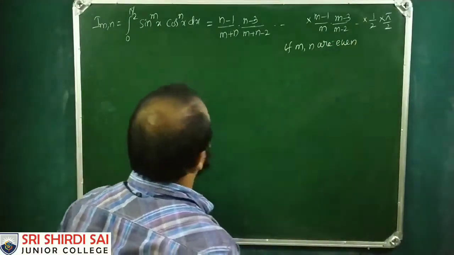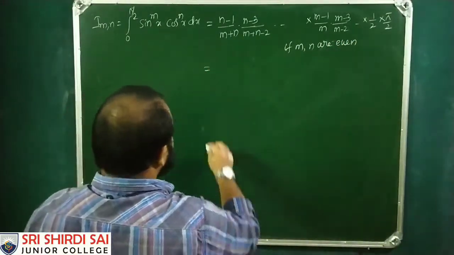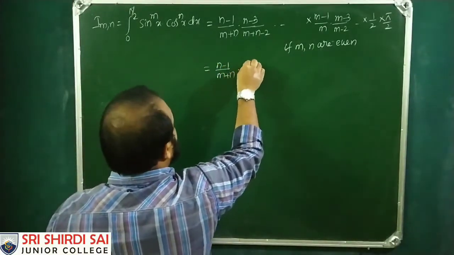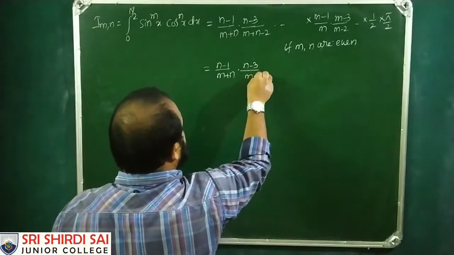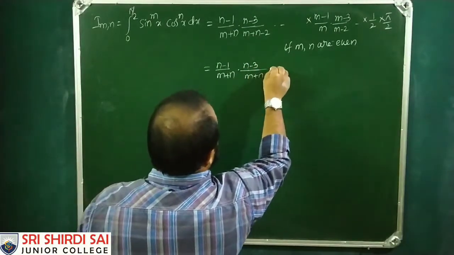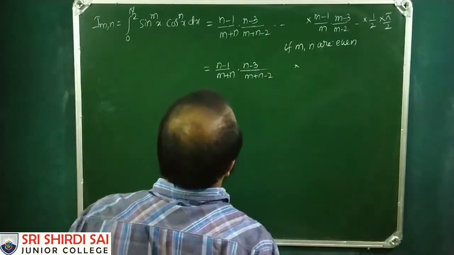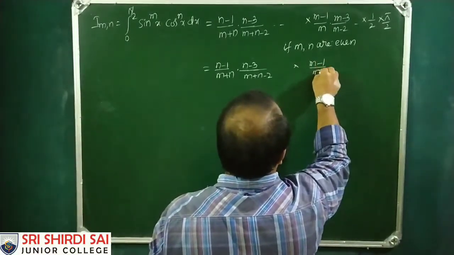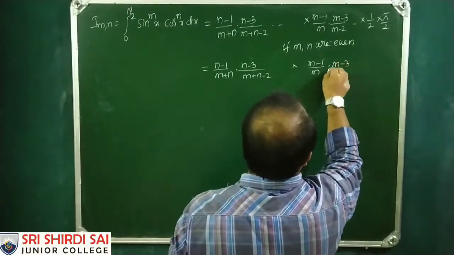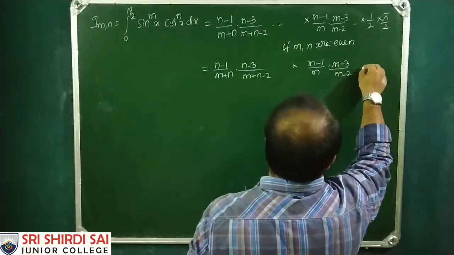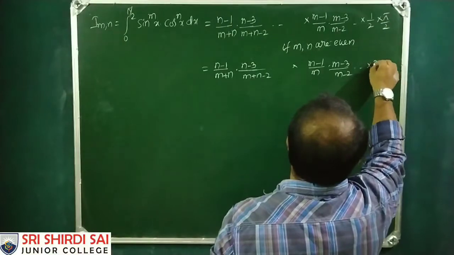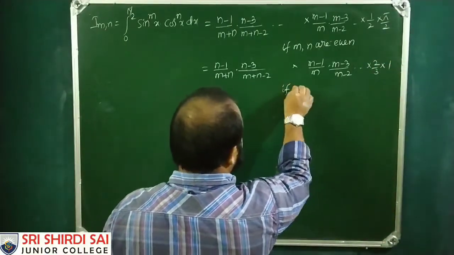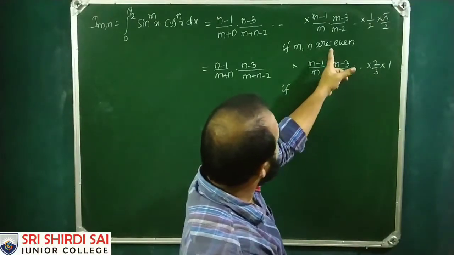Next, this is equal to n minus 1 by m plus n into n minus 3 by m plus n minus 2, etc., into m minus 1 by m, m minus 3 by m minus 2, etc., 2 by 3 into 1 if m is odd and n is even.